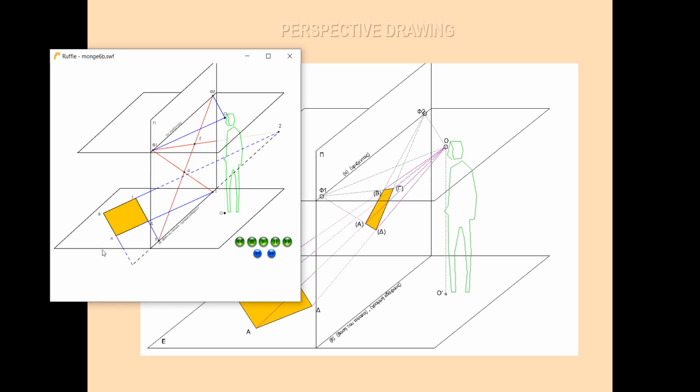And finally, if we extend the final side of the square, we will find point 4 on the baseline, and if we join point 4 with phi2, we will find here the perspective image of this point, and there the perspective image of that point. So we have the whole perspective image of the square as seen from this point of view.